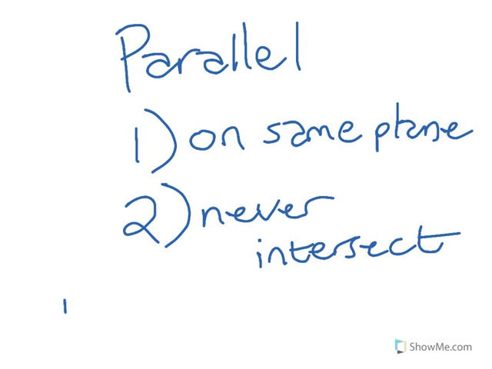Only one thing describes the direction of a line, and that's the slope. If two lines are going in the same direction, they're going to be parallel. Well, that means that if two lines have the same slope, they're parallel. That's a very important idea. Parallel lines always have the same slope.